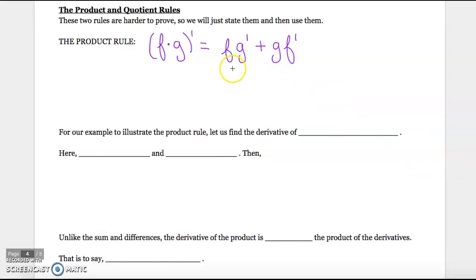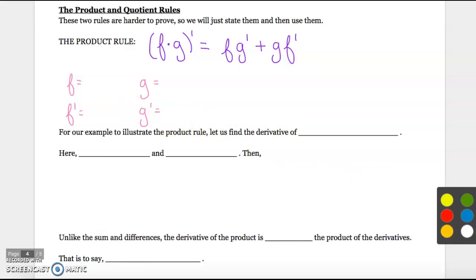I will show you a way that I kind of remember this. And you can laugh at me all you want. But basically what happens is I write out my functions. So I'll have f and then I'll have g. And I will find f prime and g prime separately. And so I'll write them all in a row just like this. And then I say that when we find their derivative, I do crisscross.